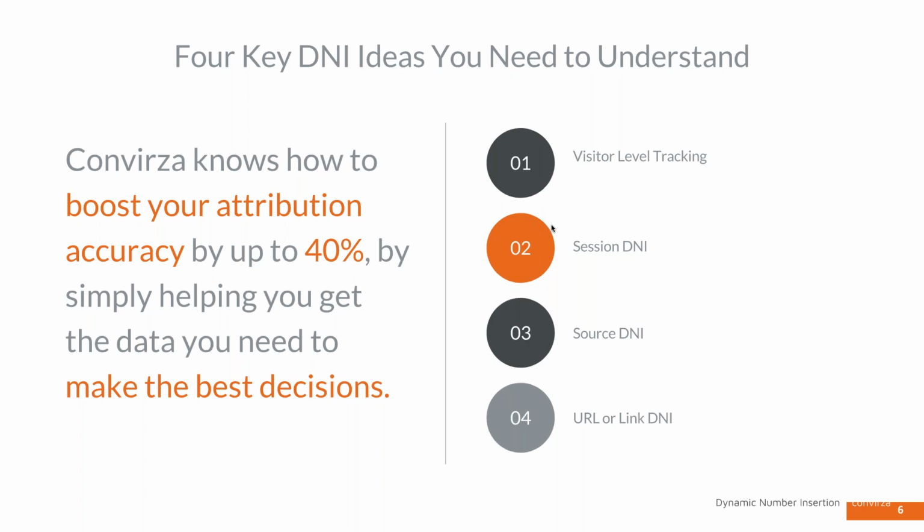So it doesn't matter if they come from organic or paid or social. We assign each visitor a unique number, and as they're assigned that, we also cookie that session. What that allows us to do is give visitor level data on all traffic that comes and makes calls, because we're tracking it at a visitor level.